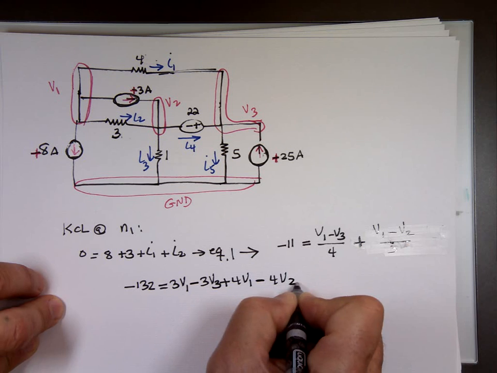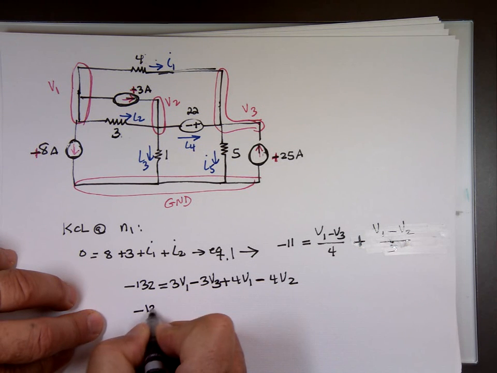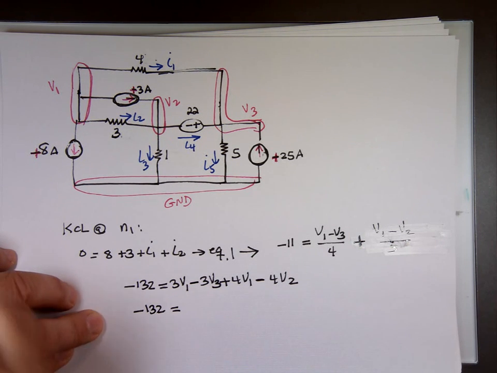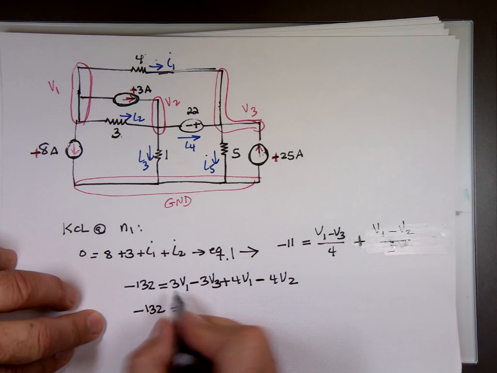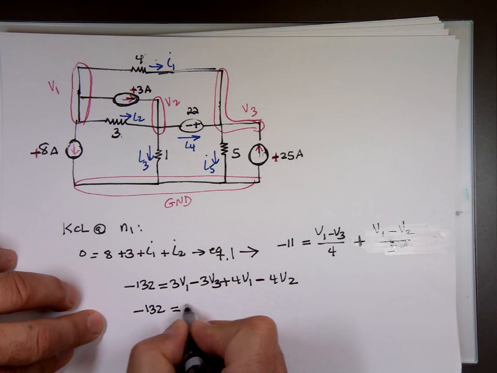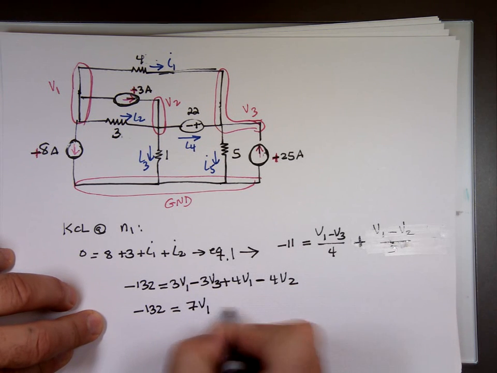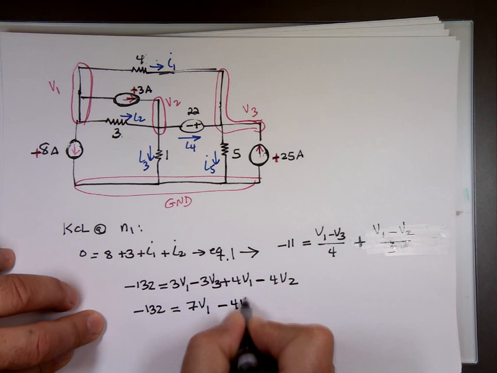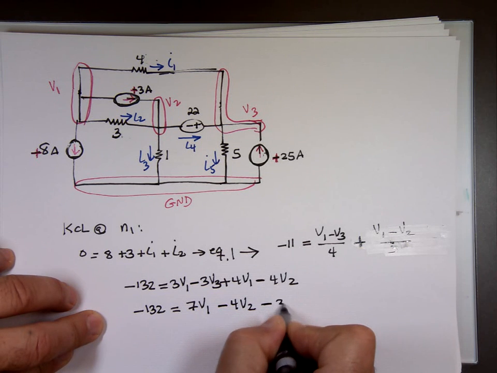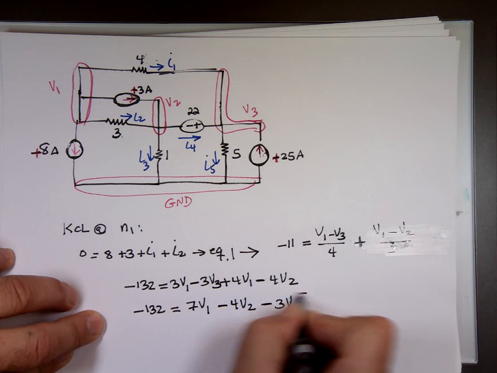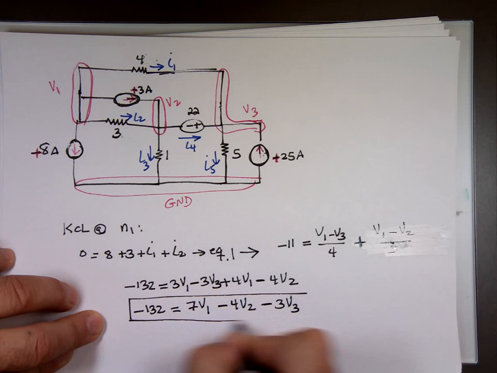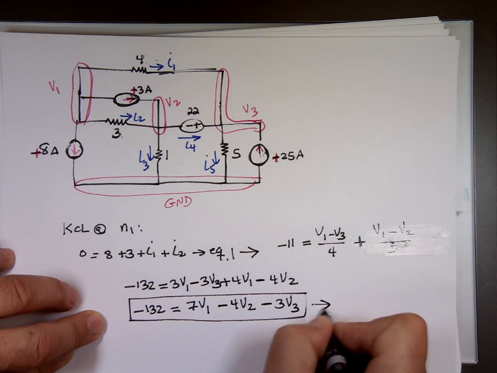Clean it up. Negative 132 equals 3V1 plus 4V1, that's 7V1, minus 4V2 minus 3V3. EQ1.